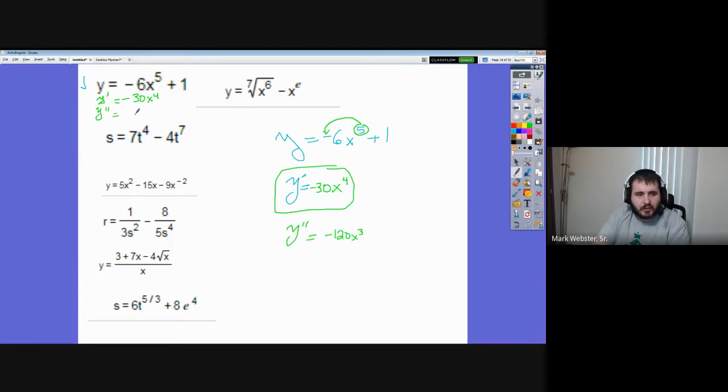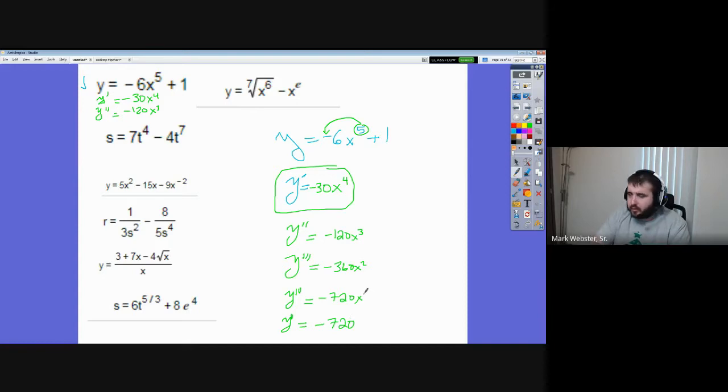I won't be able to do that with all of these, but you can keep on going. The third derivative, you again times 3, turn that x into a 2. The fourth derivative, negative 720x. The fifth derivative, you can just keep on going.